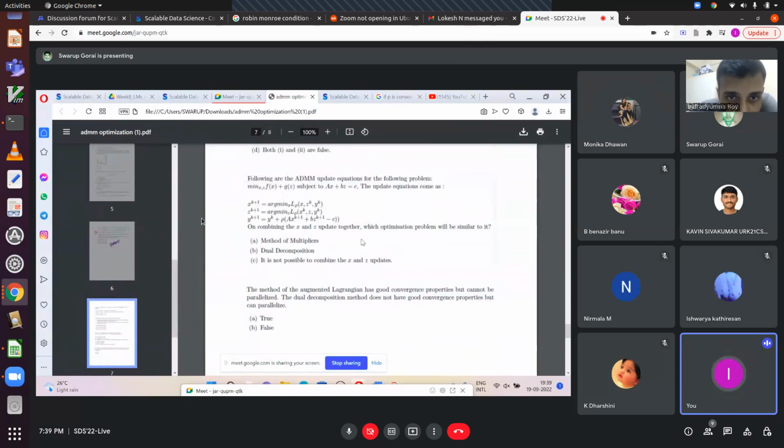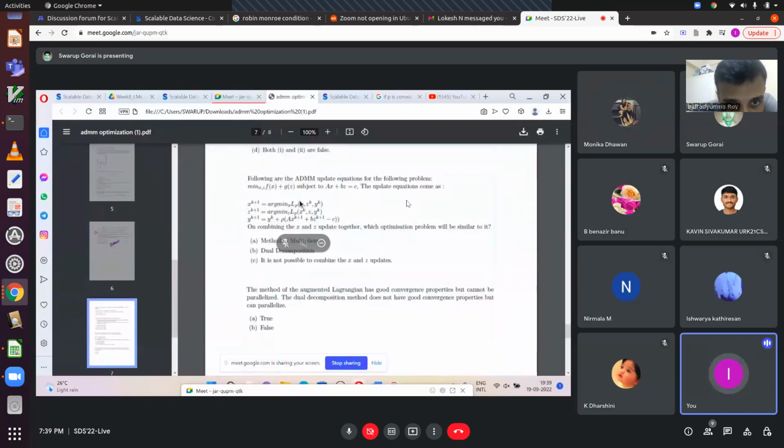So the first part is clear that you have minimization over fx plus gx subject to ax plus bz minus c equal to 0. You have xk plus 1 being updated and then zk plus 1. Here you see that xk plus 1 is not used for the zk plus 1 thing, so you can combine the first two things.